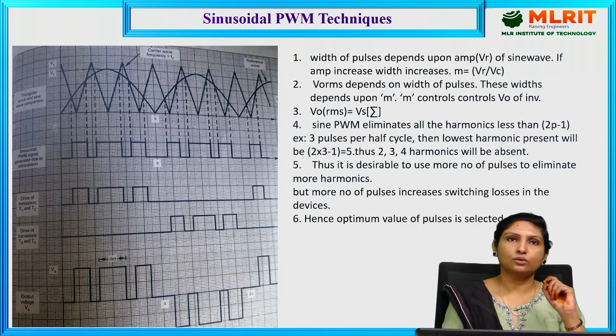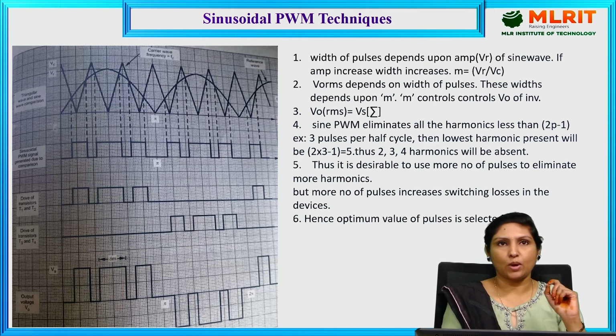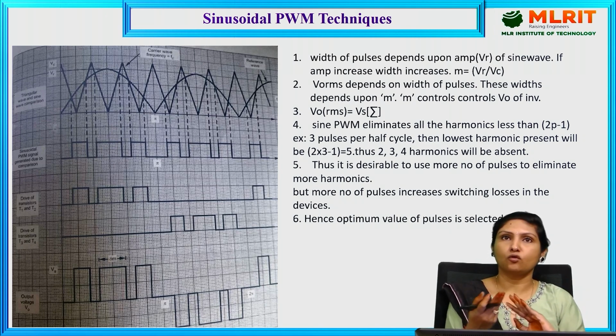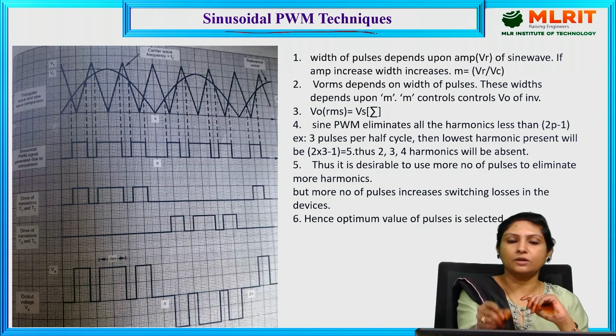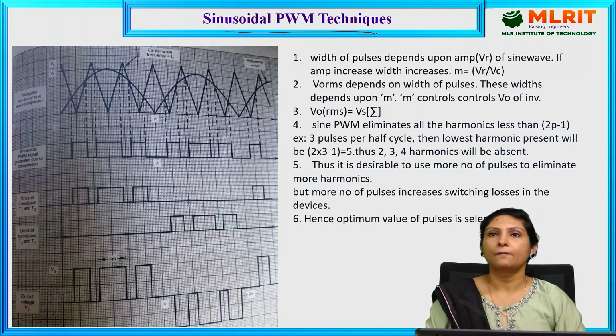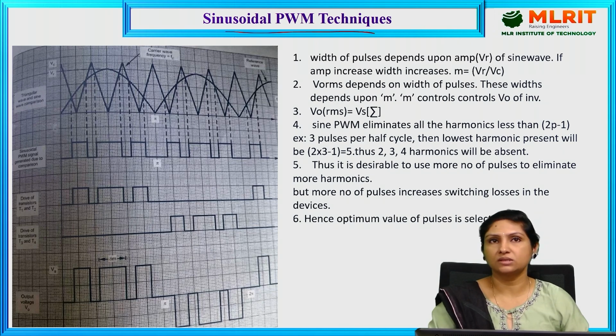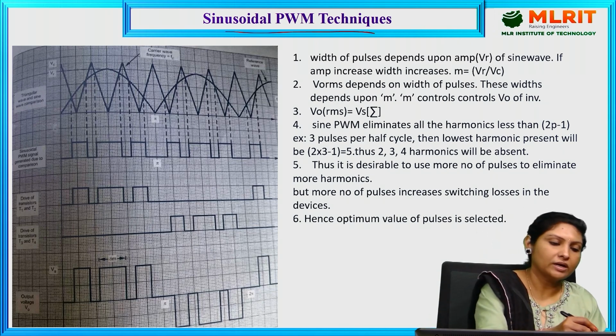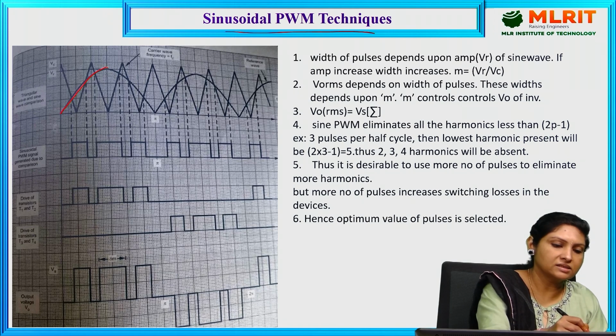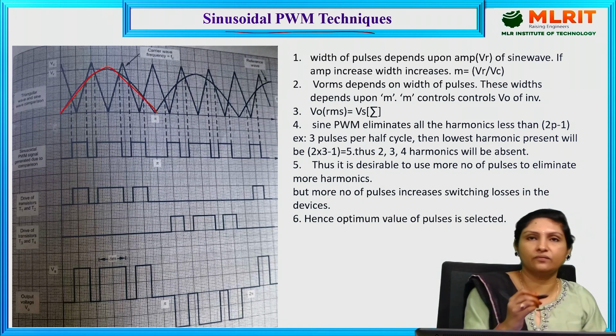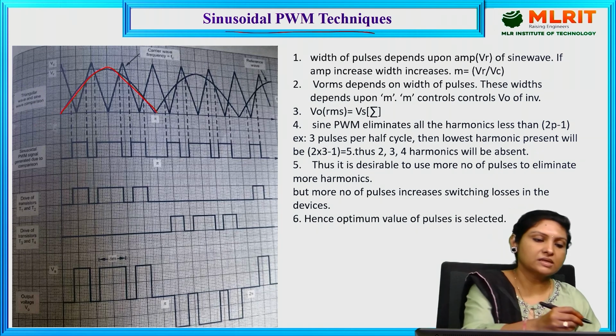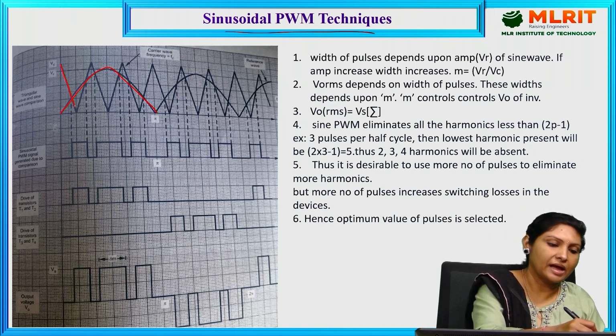In order to minimize all these disadvantages, we now go for the sinusoidal PWM technique, sinusoidal pulse width modulation technique. What we are doing here is taking a sine waveform, which is the reference sine wave, and comparing it with the carrier wave.